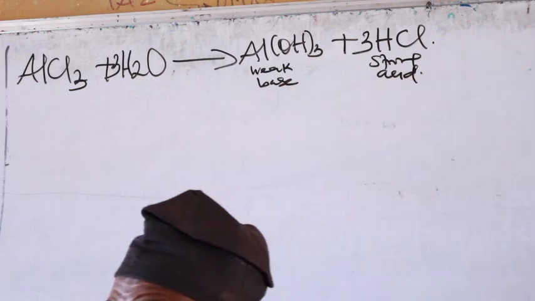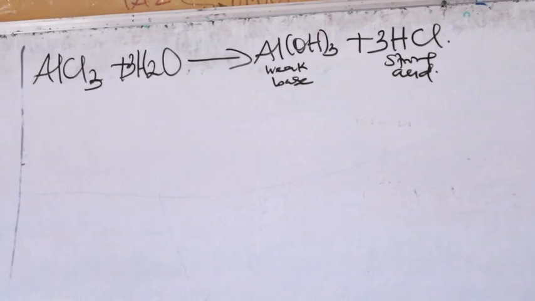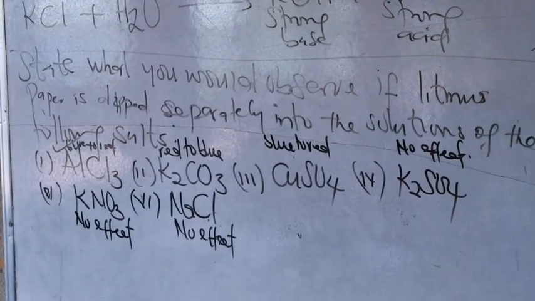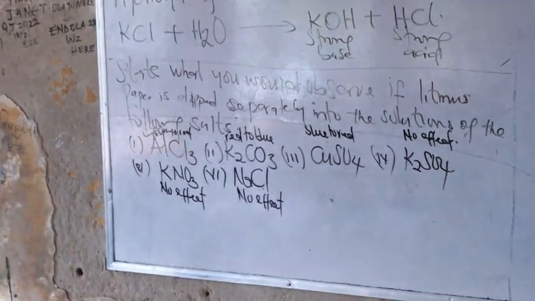Because the acid is strong, when you put litmus paper into the solution, it will turn from blue to red. That means your answer here is right. So the solution of aluminum chloride is acidic and it will turn blue litmus paper red.